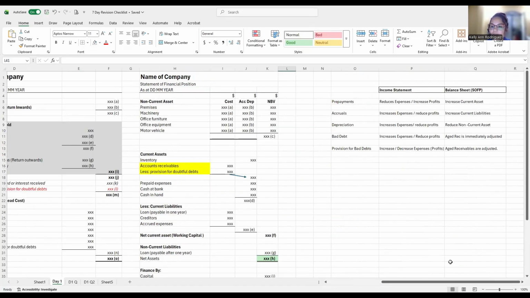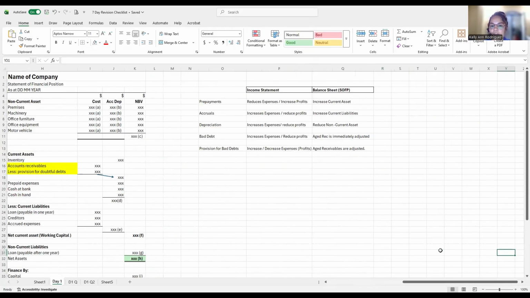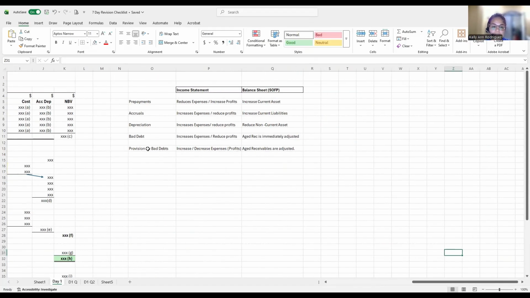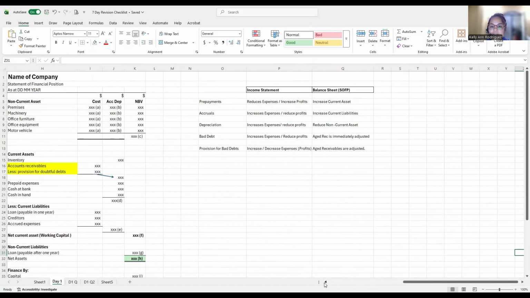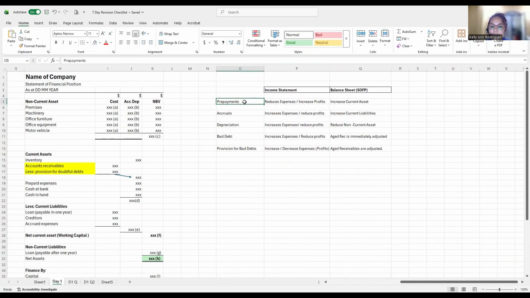Another thing I want to look at is the adjusting entries that you must remember to address: your prepayments, accruals, depreciation, bad debts, and provision for doubtful debts. Now, how does this affect your financial statement? Prepayments reduce expenses, so therefore it increases your profit in your income statement.